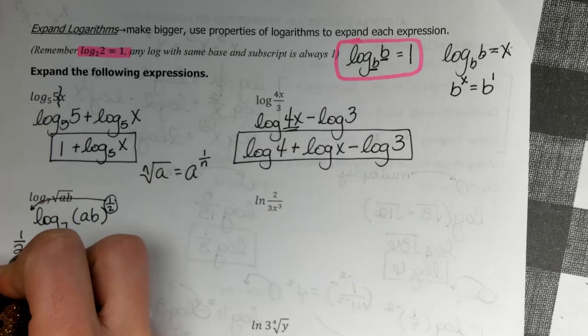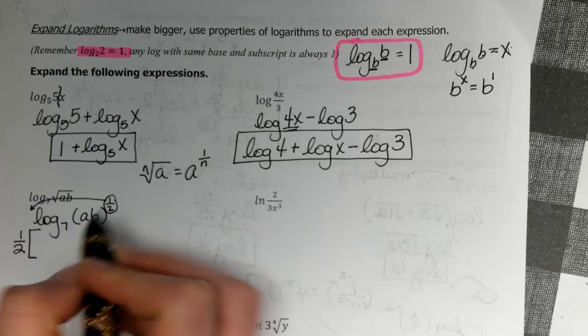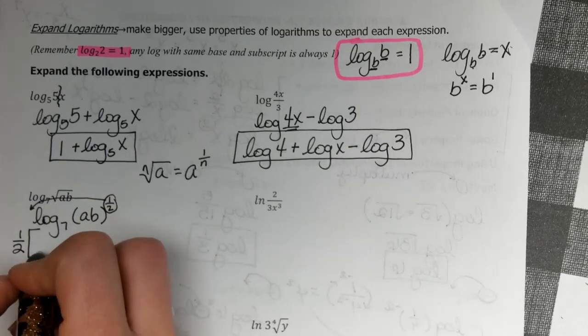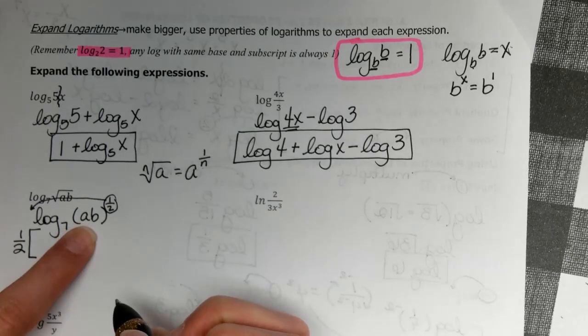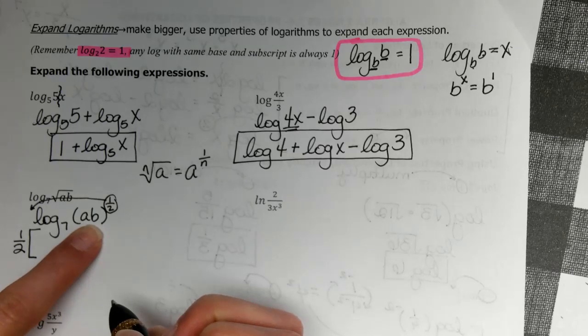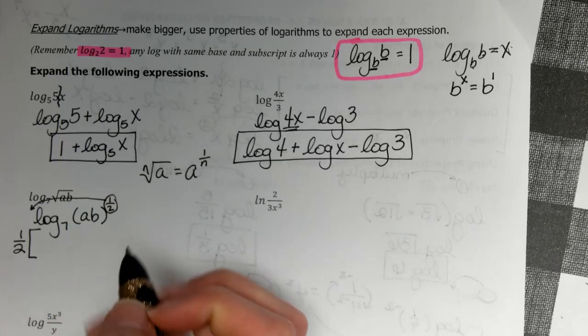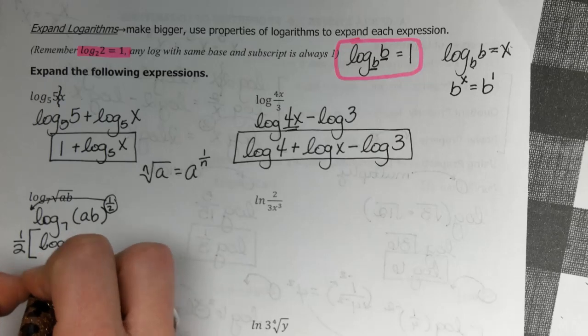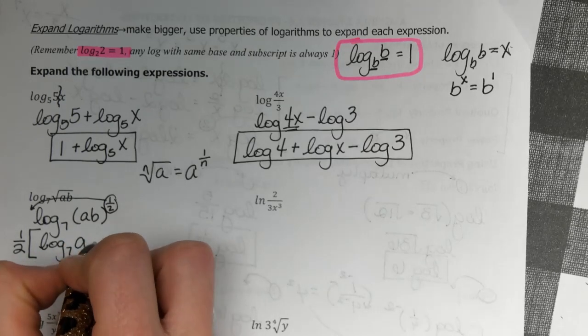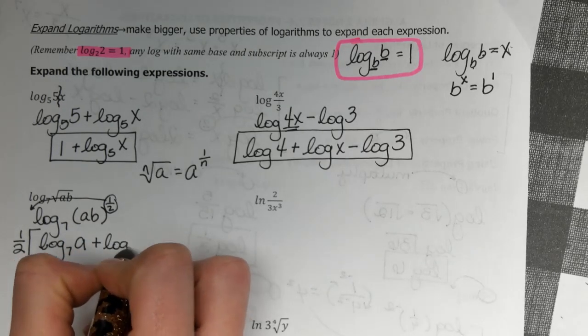There's my 1/2, but I'm going to have to separate this a and this b. What's being multiplied, so what operation do I do? Plus. So I'm going to have log base 7 of a plus log base 7 of b.